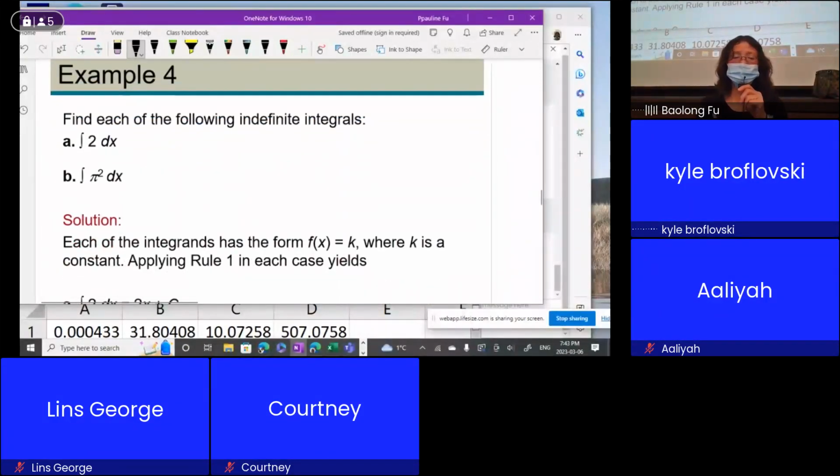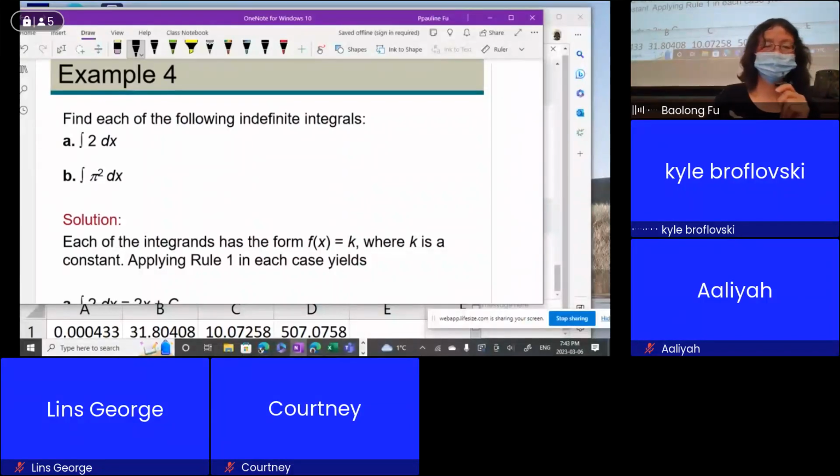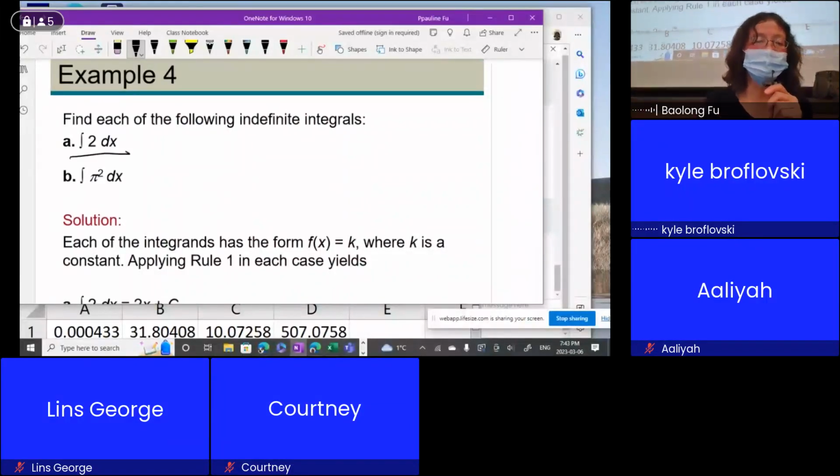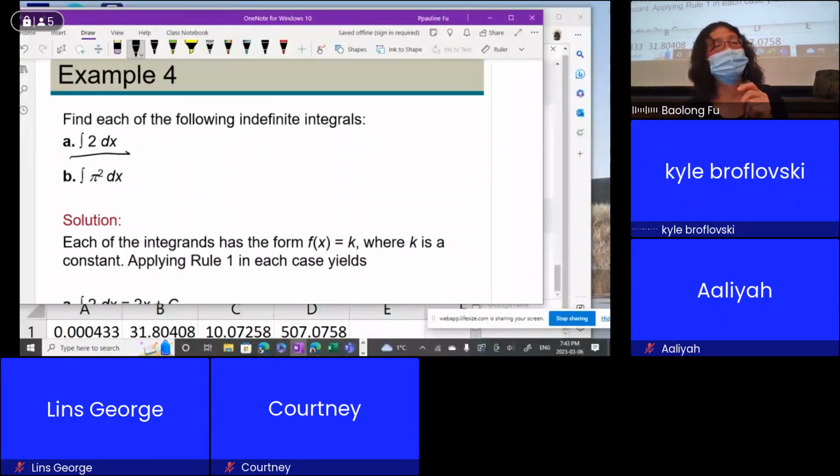Now let's take a look at an example. Find the integral of 2 dx. It asks you which function has derivative 2. Can you think of a function whose derivative is 2?